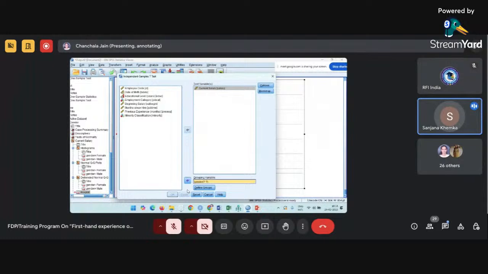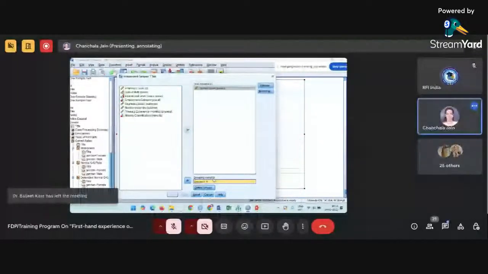Analyze, Compare Means, Independent Samples t-test, then gender. Test variable is current salary.